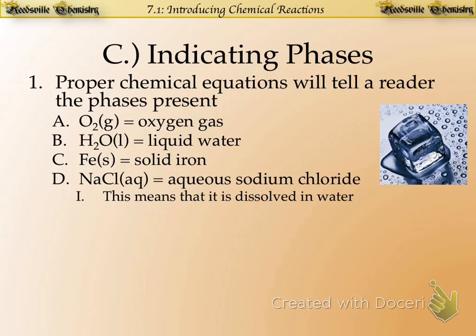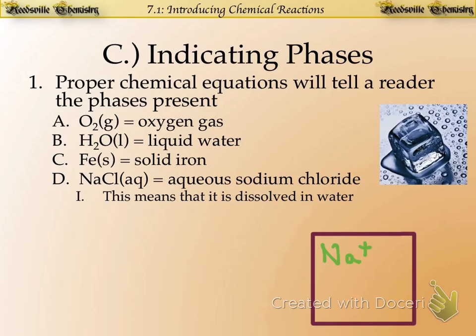So if you were a really little person and you could see the beaker, and you could swim inside of there, you wouldn't have combined NaCl. Instead, you'd have Na with the plus charge, and you'd have a separate Cl with the negative charge in a 1-to-1 ratio floating around inside solution. So to denote that, we use this little AQ after that particular compound.